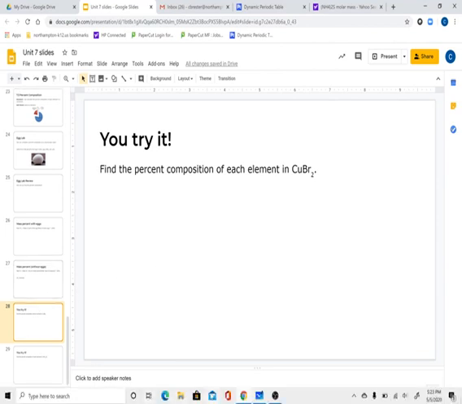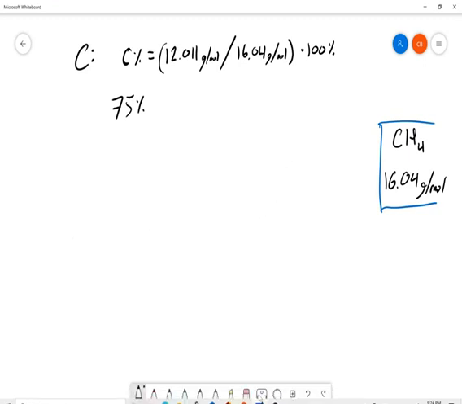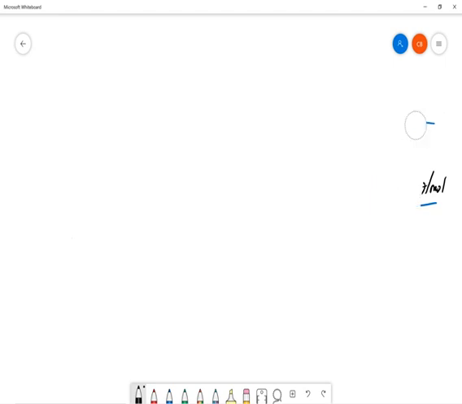Let's try this one, which is copper 2 bromide, CuBr2. So I'm going to erase our work here to make room. We'll have to get the mass of the compound again, so CuBr2.